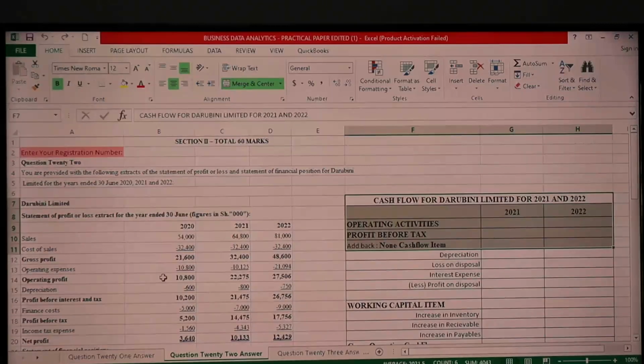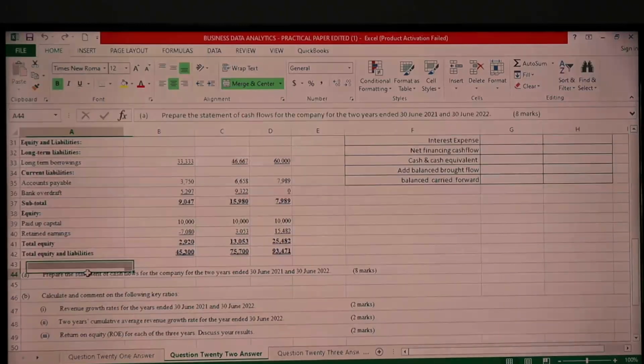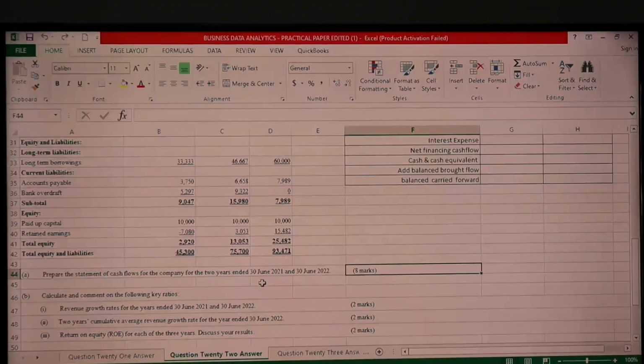And down here, you are told to prepare the statement of cash flow for the company for the 2 years ended 30th June 2021 and 30th June 2022. That question is supposed to earn you 8 marks. So you're supposed to prepare that statement of cash flow.